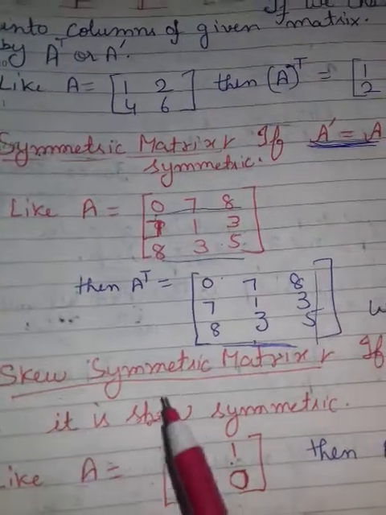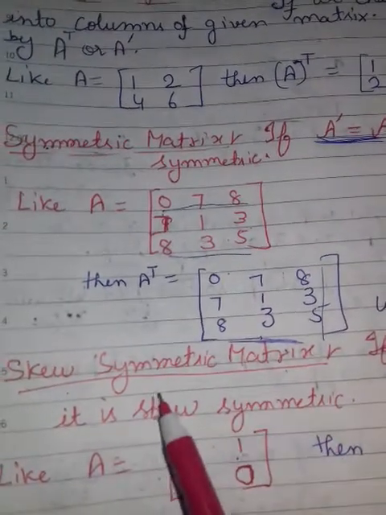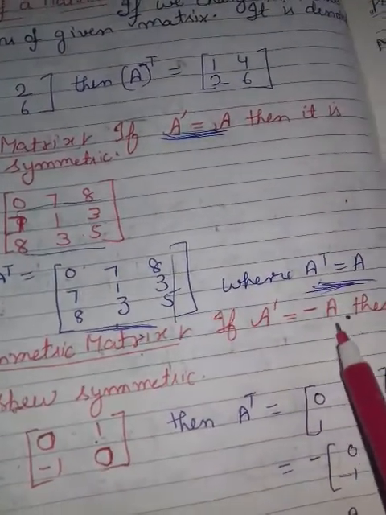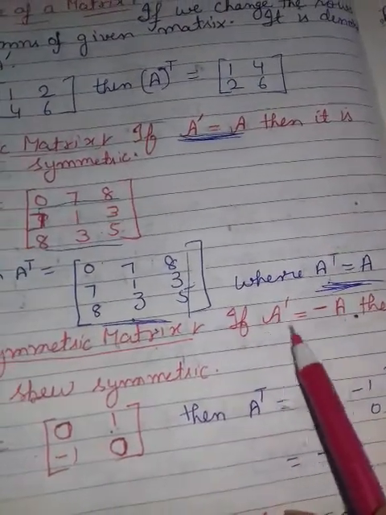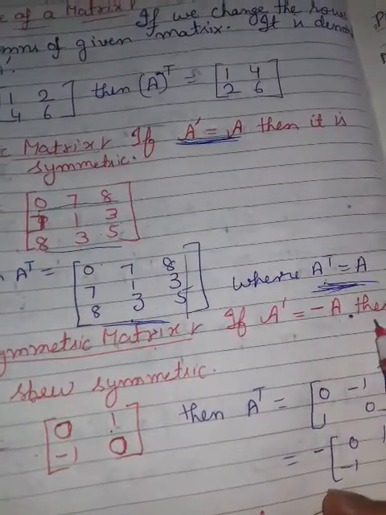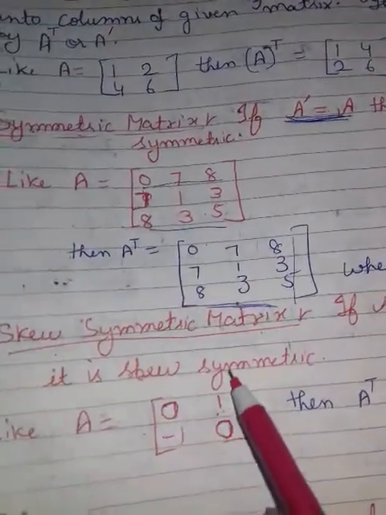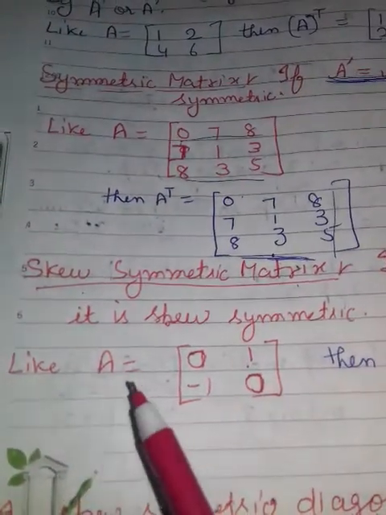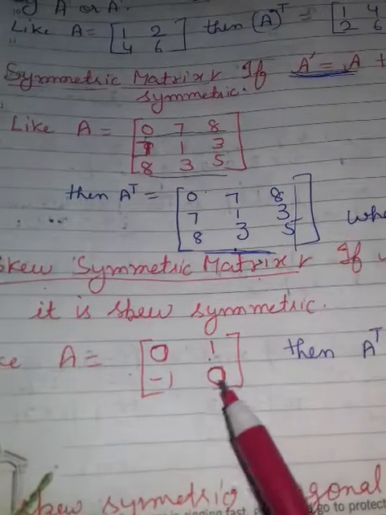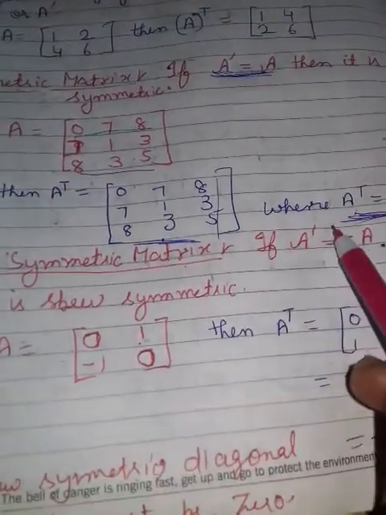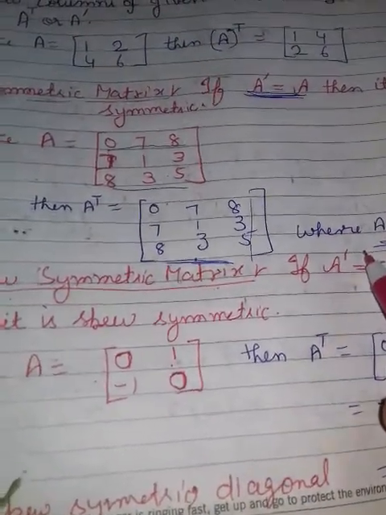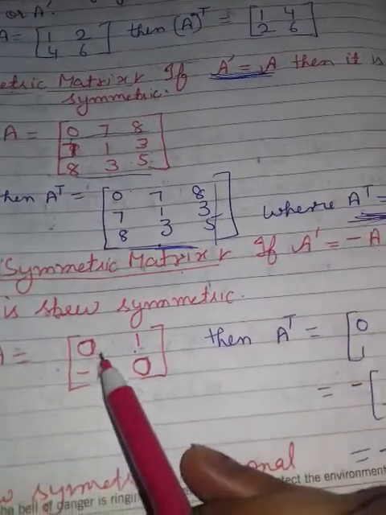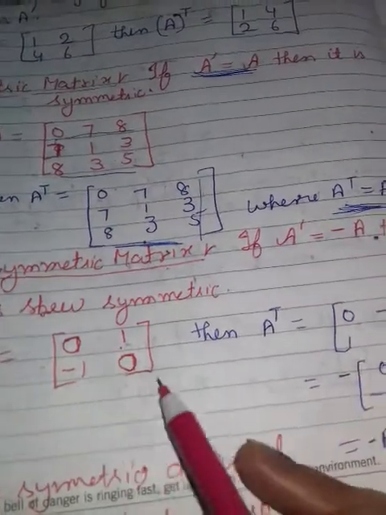Second one is skew symmetric matrix. A skew symmetric matrix is one where A transpose is equal to minus A. Then it is known as skew symmetric. Clear? And I have given one example also. Like A is given to you, you have to find A transpose. To check whether it is symmetric or skew symmetric, you will always take its transpose. Clear? Now I am taking 0 1 minus 1 0.